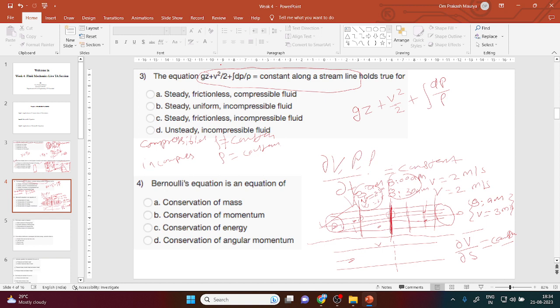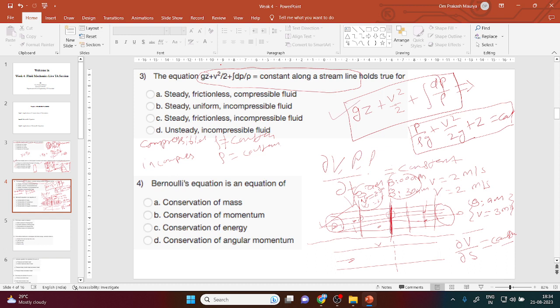In this case, you are looking here, your density is not constant because it is inside of your integration. Whatever you have seen, p by rho g plus z plus v square by 2g plus z is equal to constant. In this equation your density is constant, but in this equation your density is not constant.